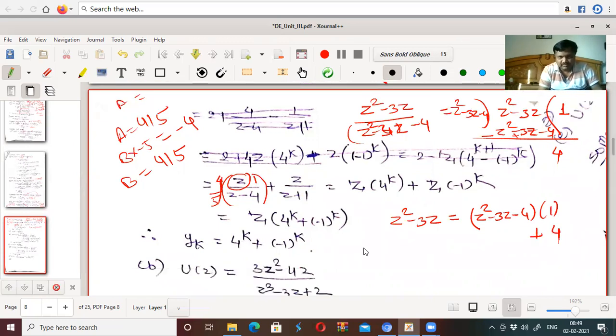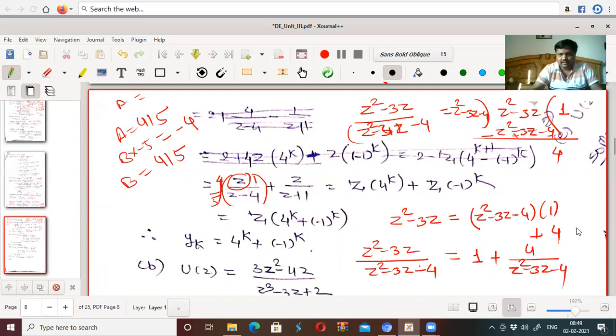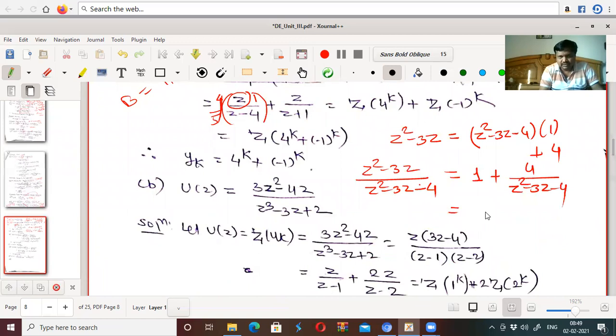And therefore z square minus 3z upon z square minus 3z minus 4 can be written as, if I divide both sides by this, you will get 1 plus 4 upon z square minus 3z minus 4, correct. Now this can be written as 1 plus a upon z minus 4 plus b upon z plus 1. And now you have to find a and b.